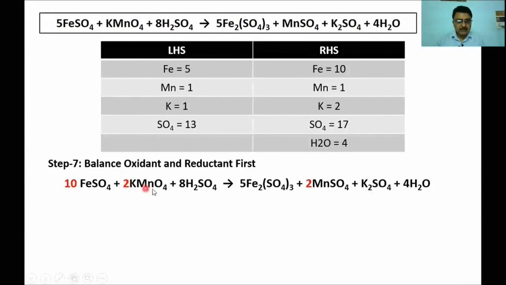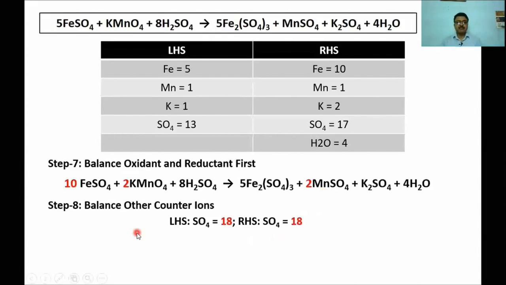In order to balance the manganese atom, I shall put 2 here. Now up to this, my 3 atoms are balanced. Number 1 is iron, number 2 potassium, and number 3 manganese. So let us proceed to the next step.